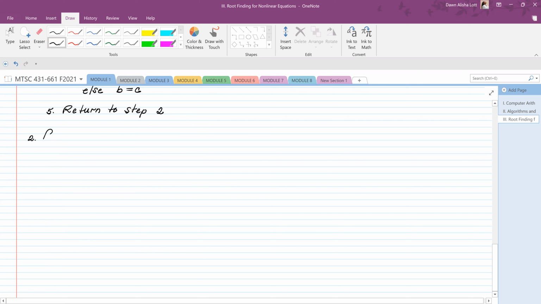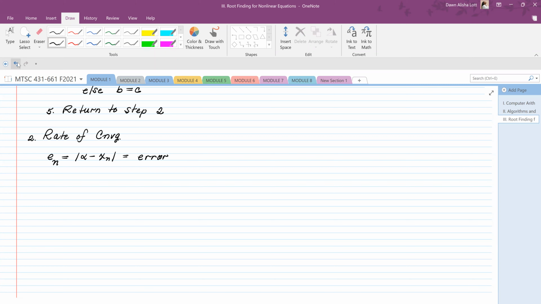So let's look at the rate of convergence. First, En, which we already know is the absolute value of alpha minus xn, is the error in the approximation xn.